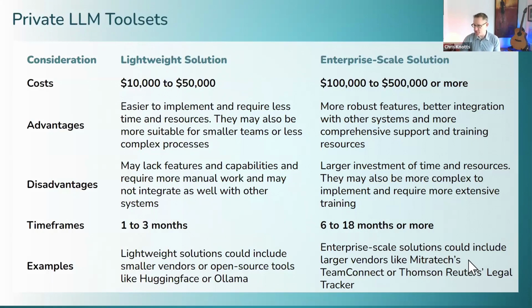And here's some examples of enterprise scale vendors that might be available to you. So you probably may not get by with an open source architecture there. So obviously, about what you would expect here. Local solutions, fast prototyping solutions, smaller and cheaper. Enterprise scale solutions, bigger and more expensive.